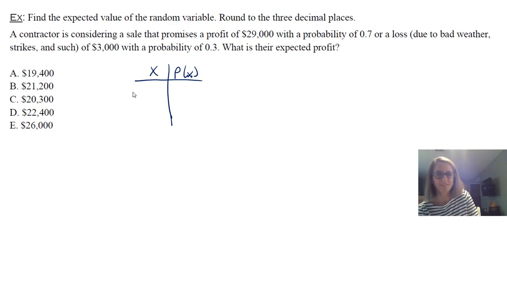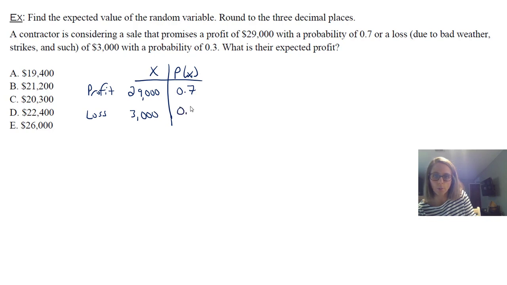Okay, so the idea here is there's two options. This is pretty common, profit or loss, and you can see that actually for the insurance company one too. But there's the $29,000 profit with a 0.7 probability. Now the key thing that a lot of students will make a mistake on is they'll put $3,000 and 0.3.